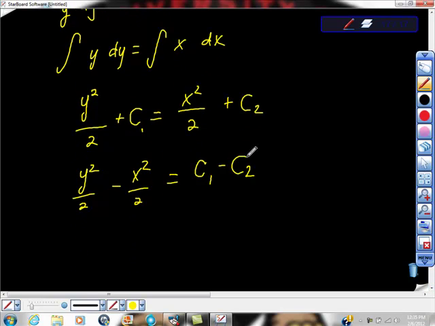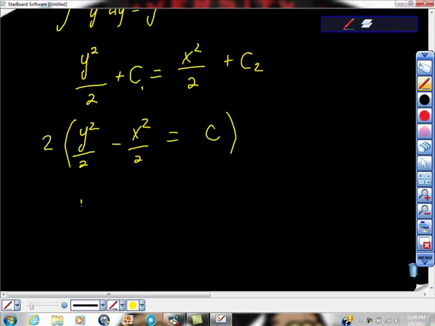Remember, these are just constants, so we're not too worried about these. c1 minus c2 is equal to c3, or just c if you want. And you could also multiply this whole thing by 2. I'm just using this technique to set the denominators to 1. So that would give me y squared minus x squared is equal to 2c.